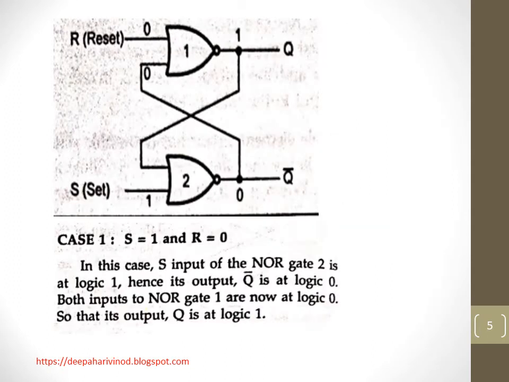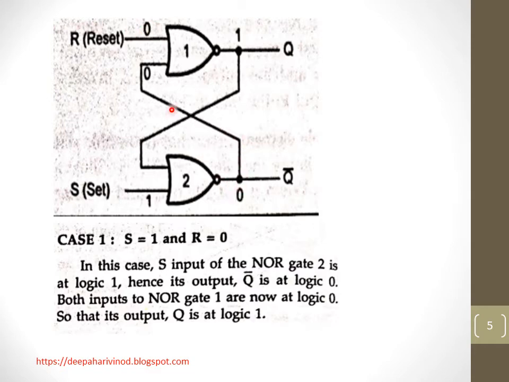Coming into detail, we can see here the SR flip-flop with some inputs. Each and every combination we can analyze. In the first case, S is provided with 1 and R is 0. Initially I have chosen Q as 1 and Q bar as 0.